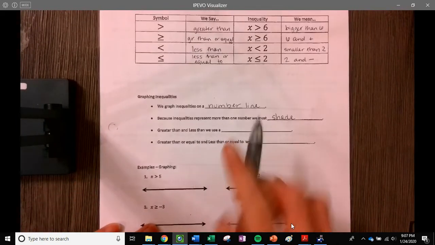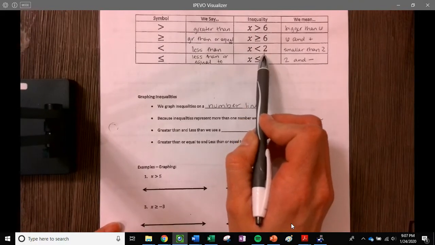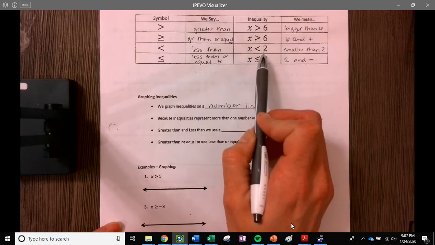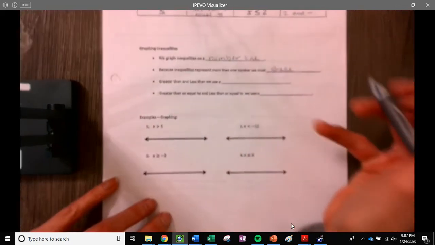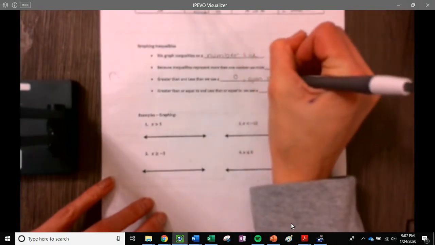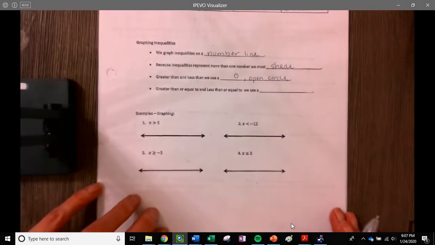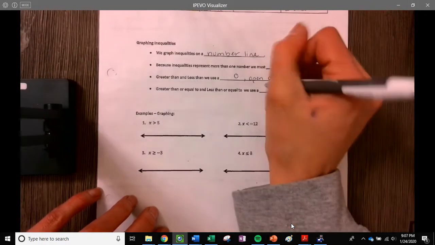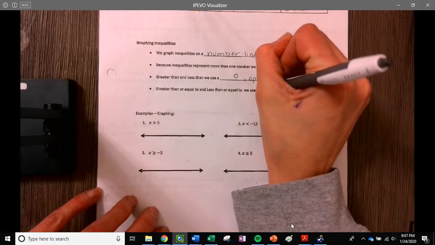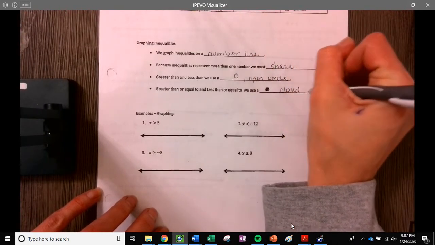So like if we had one of these, x is greater than 6 or x is less than 2, we would find 6 or 2 on the number line, and we would put an open circle. Okay, that's an open circle. If it was greater than or equal to or less than or equal to, we would use a closed circle on top of that value. Okay, that's a closed circle.